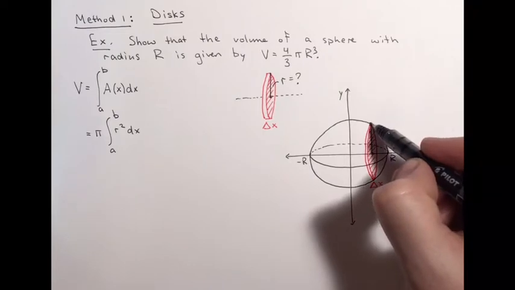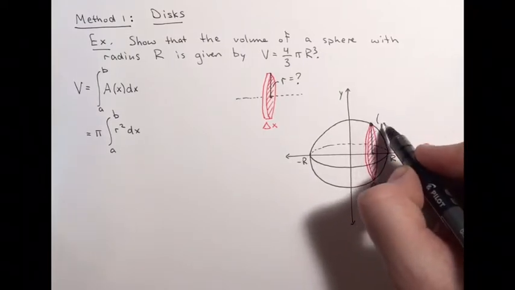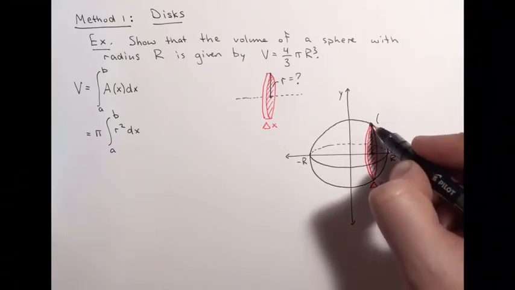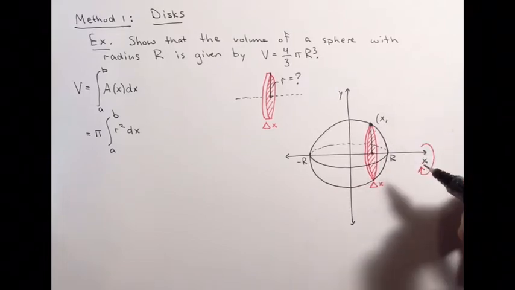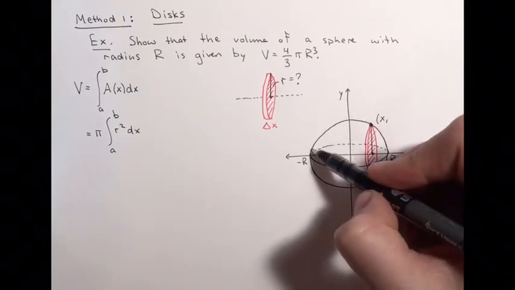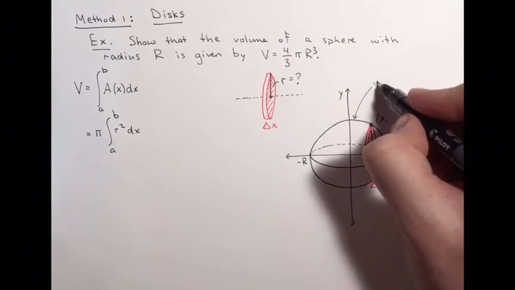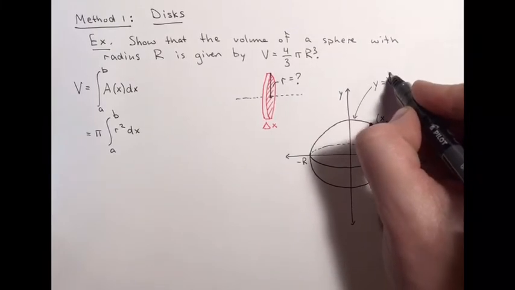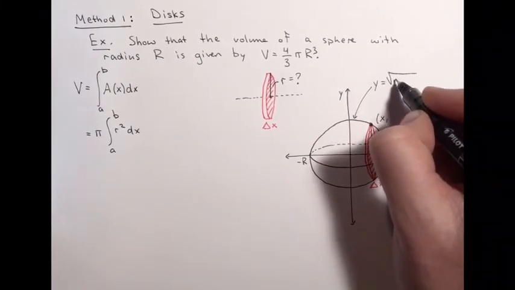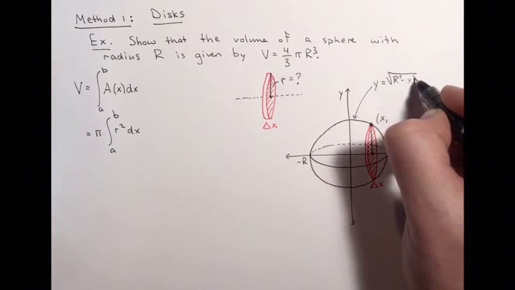And so really, if we look at this point on our starting curve, then we are interested in the y value being the distance from this point down to the x-axis. And so what is the y value there? Well, if you look at this starting curve, what was the equation there? And we know that it was a circle with a radius of capital R. So that upper half of the semicircle there is just going to be the square root of r squared minus x squared.